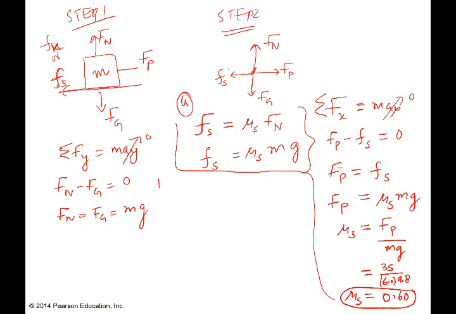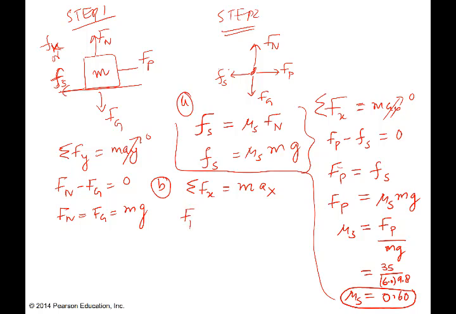For part B, it says that if the 35 newton force continues, the box is now accelerating. If you're continuing to use the same force, but now the box is accelerating, then my net force in the x direction changes the equation, and I'll have ax, the acceleration, because part B is giving the acceleration.